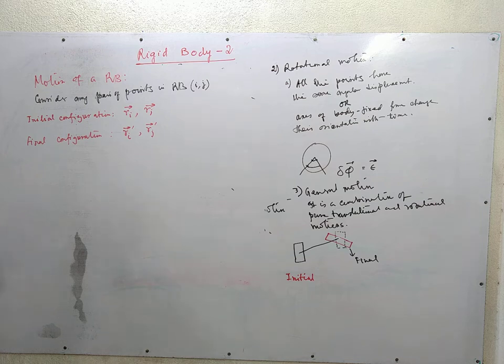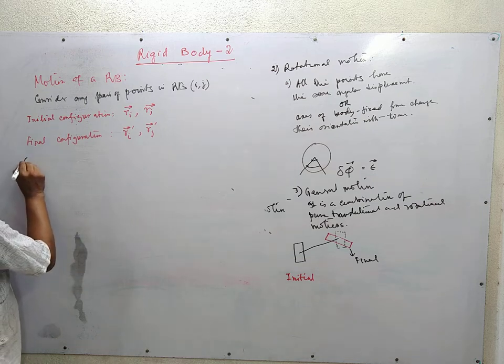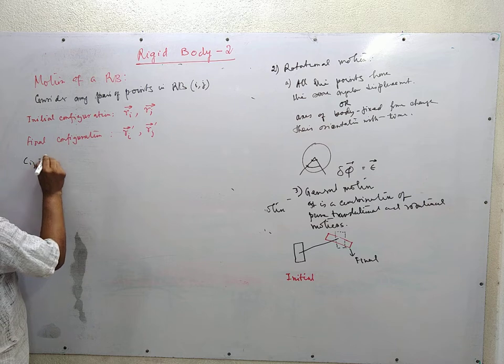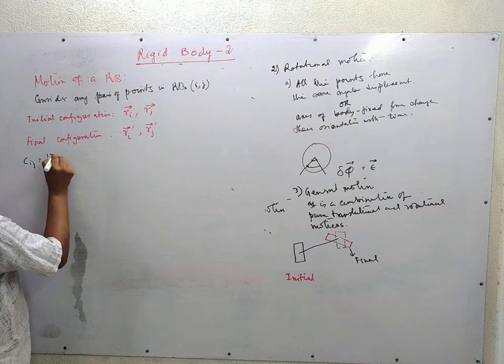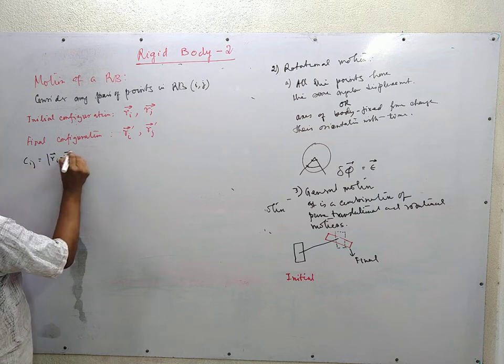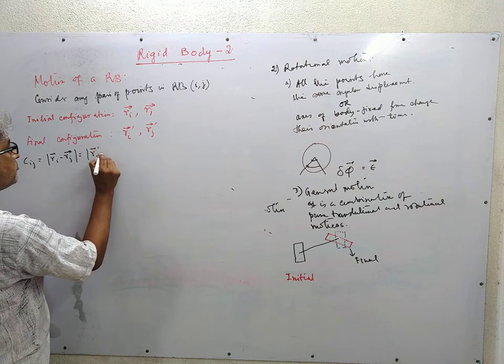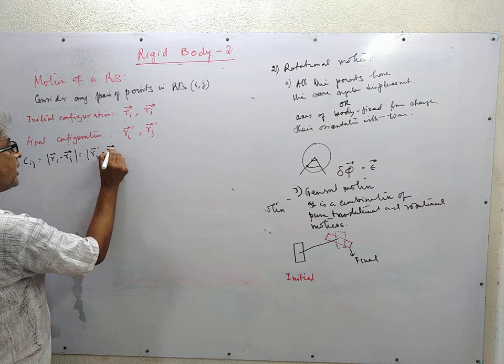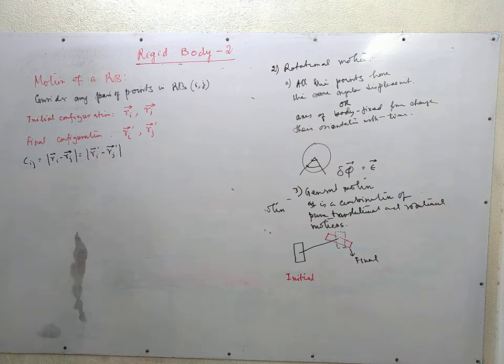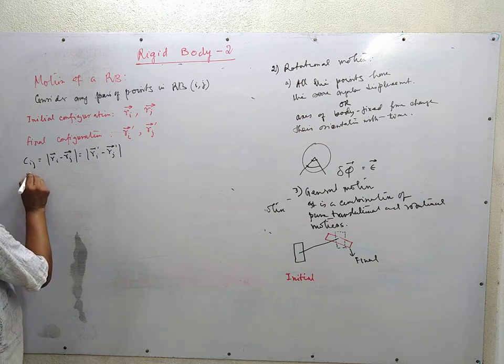Now the rigidness says that Cij is equal to Ri minus Rj, which is equal to Ri prime minus Rj prime. This is the condition of rigid displacement, the general rigid displacement.